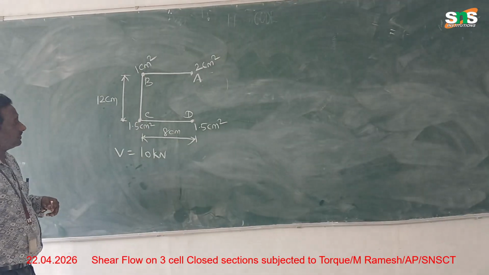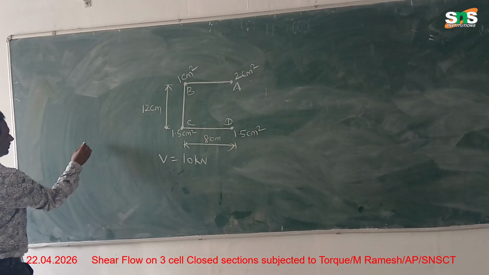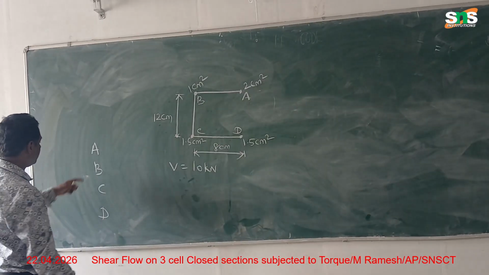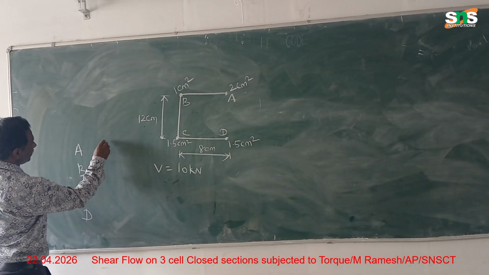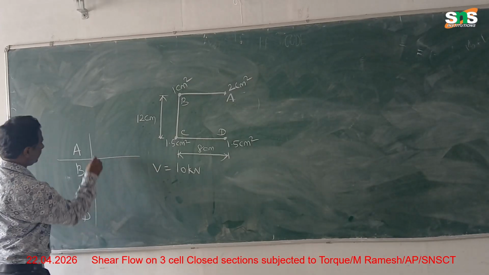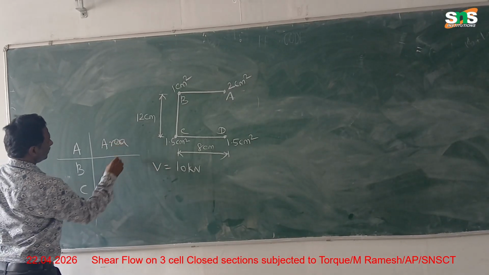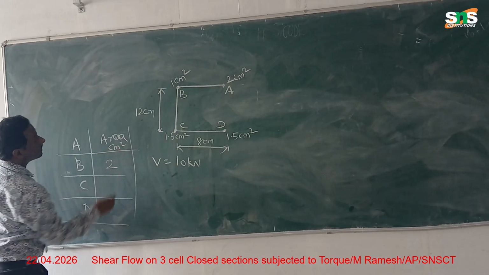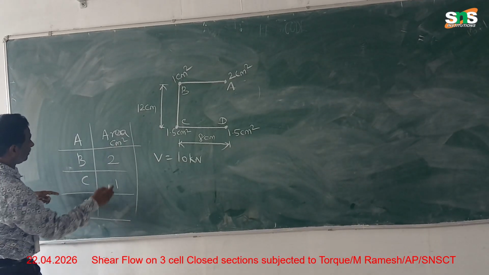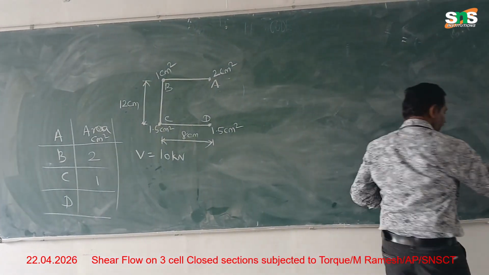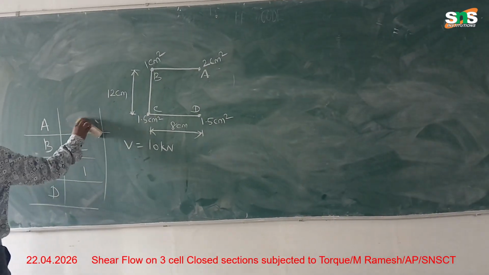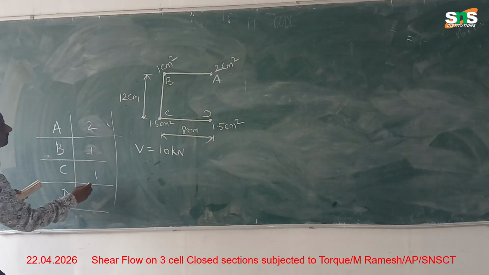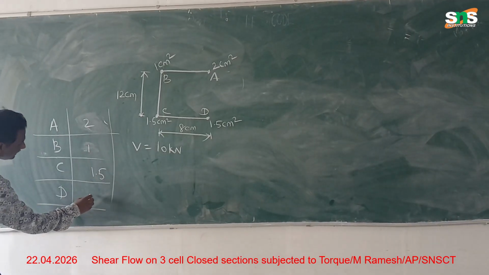First, let's take the area at all points A, B, C, D. Area at A equal to 2 cm square, at B it is 1 cm square, at C it is 1.5 cm square, and D it is 1.5 cm square.